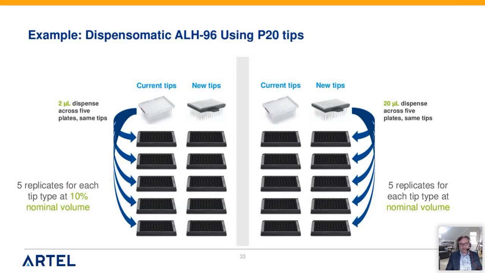Compare current tips and new tips, and then if you look at the right-hand side, you do the same thing at the maximal volume or the nominal volume. And then do the 5 replicates, and then you would go through your data analysis. So you would use these in the MVS workflow, but everything's the same except for the tip types. And again, in this example, you'd be generating 20 plates worth of data, and then do your analysis.